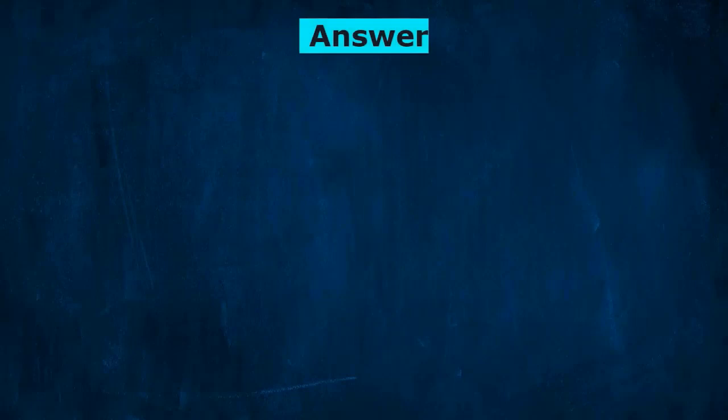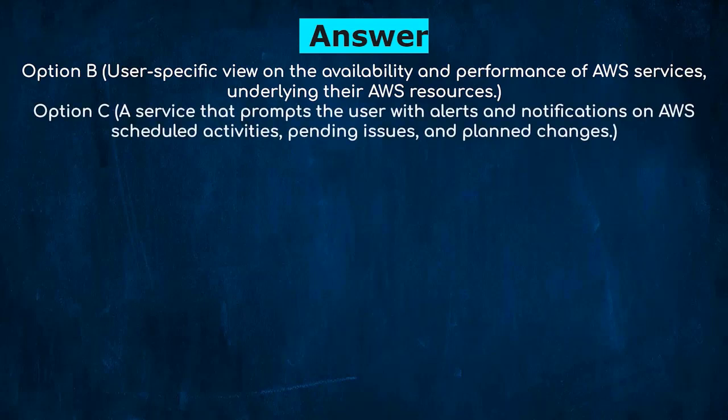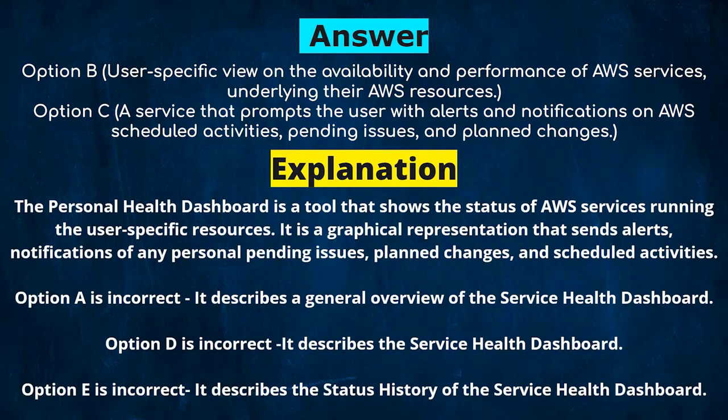And the correct answer is option B. User-specific view on the availability and performance of AWS services underlying their AWS resources. And C. A service that prompts the user with alerts and notifications on AWS scheduled activities, pending issues, and planned changes. Explanation. The Personal Health Dashboard is a tool that shows the status of AWS services running the user-specific resources.